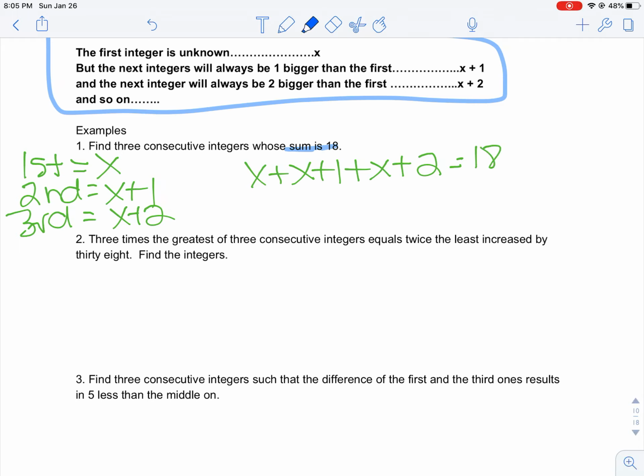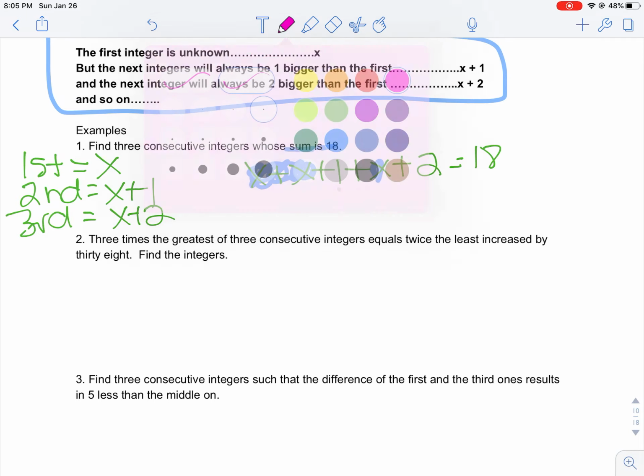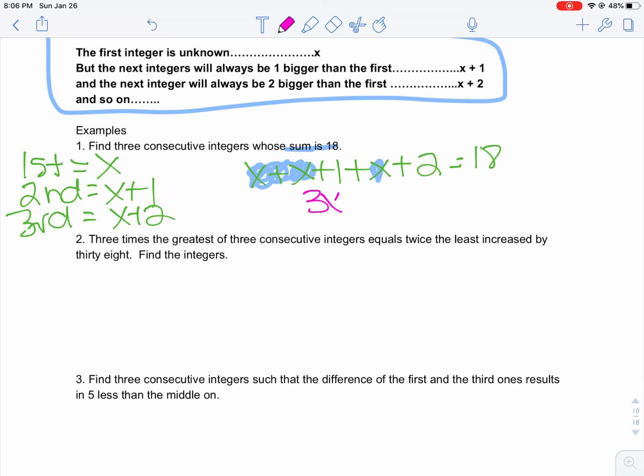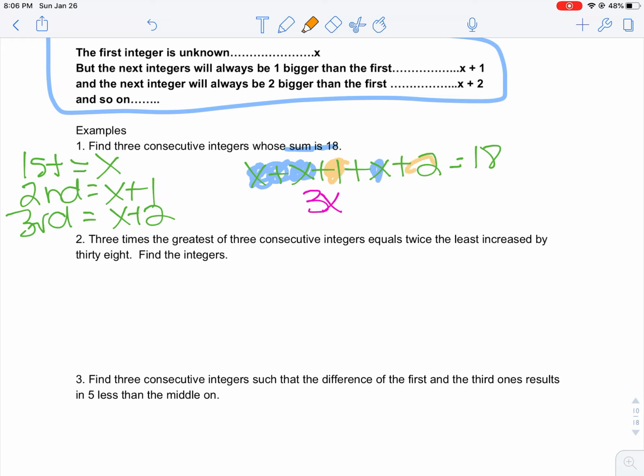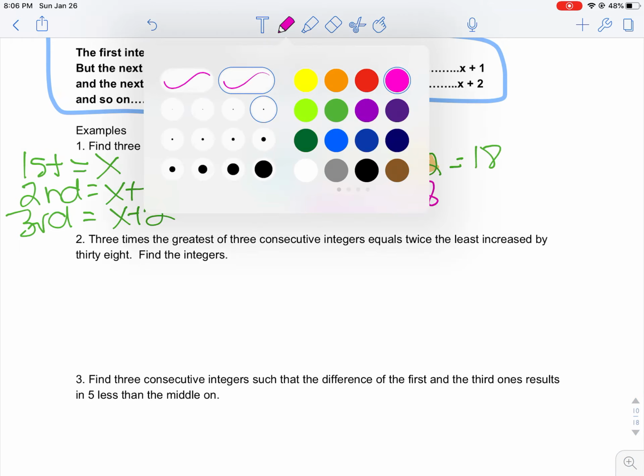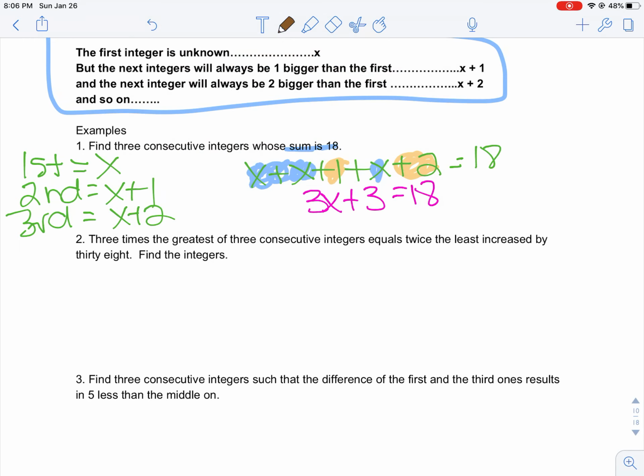So if I combine my like terms, I have that x, and that x, and that x, that gives me 3 x's. And then I also have 1 and 2, so that's 3, it equals 18. So if I am solving for x, I need to subtract 3 from both sides.